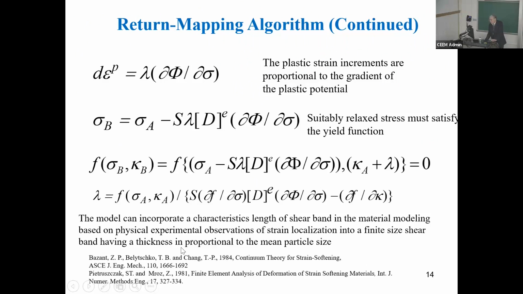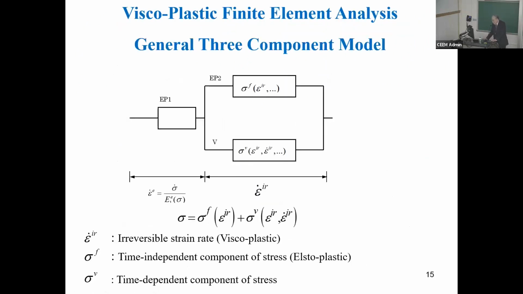This shear band has a thickness proportional to the mean particle size, around 50. This shows the so-called plasticity model. We employ a general three-component model.